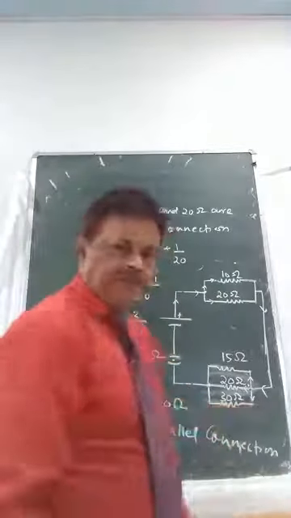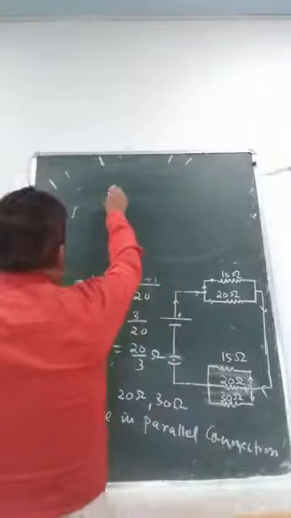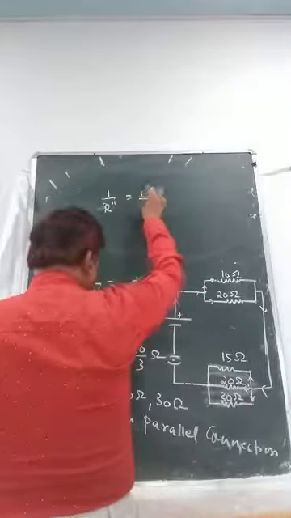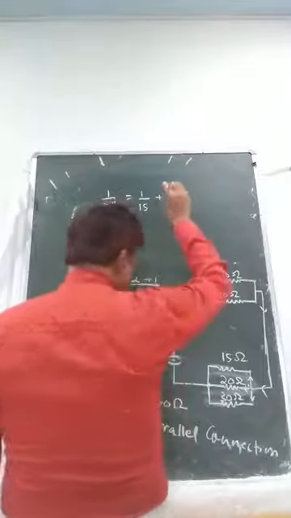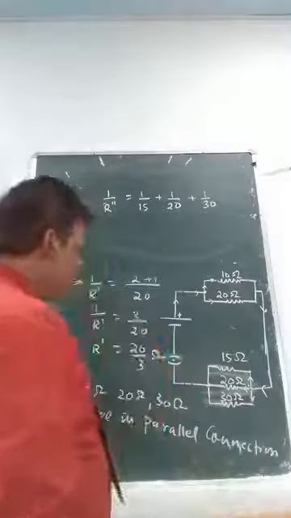So with the parallel formula, 1 by R double dash equals 1 by 15 plus 1 by 20 plus 1 by 30. Got the point?